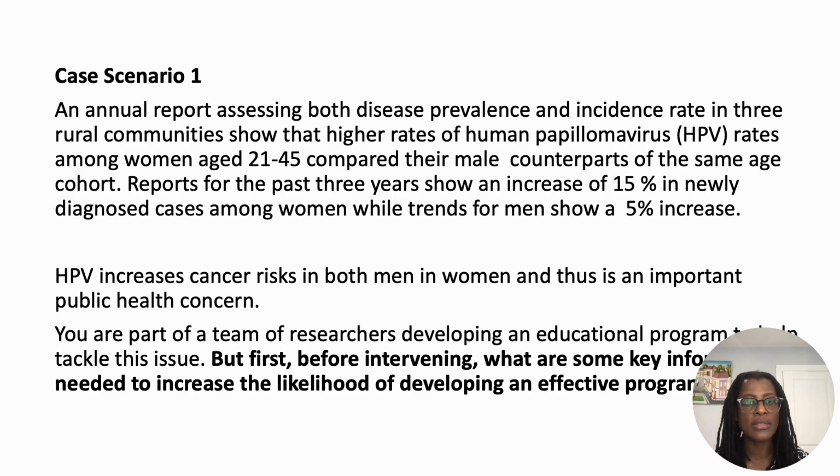For this case scenario, an annual report assessing both disease prevalence and incidence rates in 3 rural communities shows higher rates of HPV among women aged 21 to 45 in comparison to men of the same age. Reports for the past 3 years show an increase of 15% in newly diagnosed cases, a marker of incidence rate, among women, while trends show 5% among men.